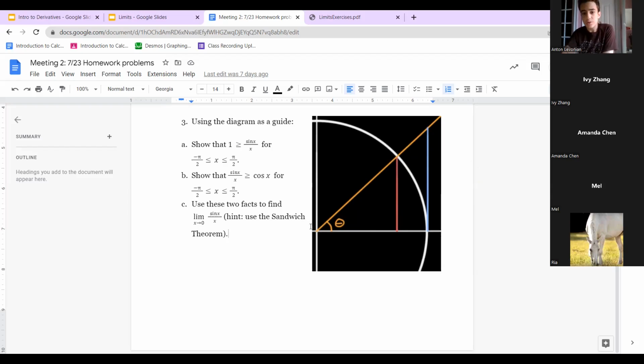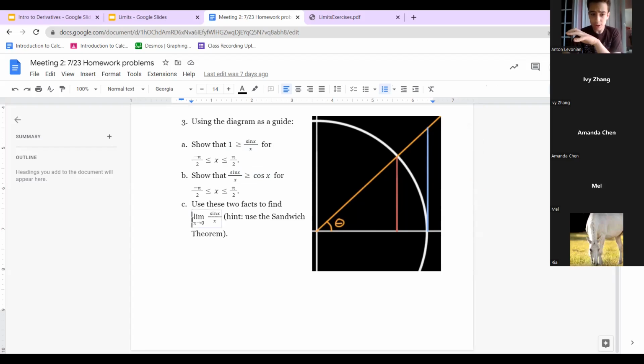This right here is 1, and this line right here is also 1, and because of that, this right here is tangent of theta. This is actually kind of what you need to know. I'm not going to go over the details of the proof of this fact and the proof of this fact. But once you have all the side lengths labeled, it is actually pretty easy from there.